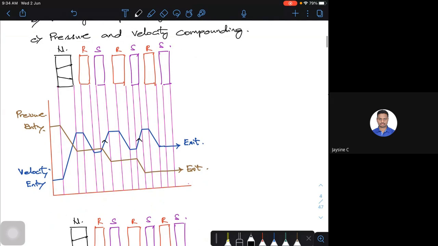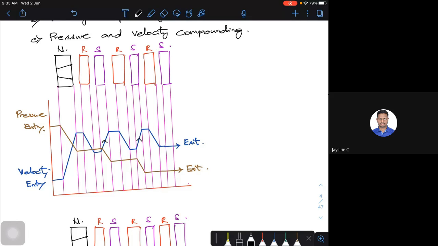First there is the nozzle, which is also a stator, followed by a rotor, then stator, then rotor, then stator, then rotor and stator. A set of a stator and a rotor is called one stage. So here you have three stages and a stator at the exit.